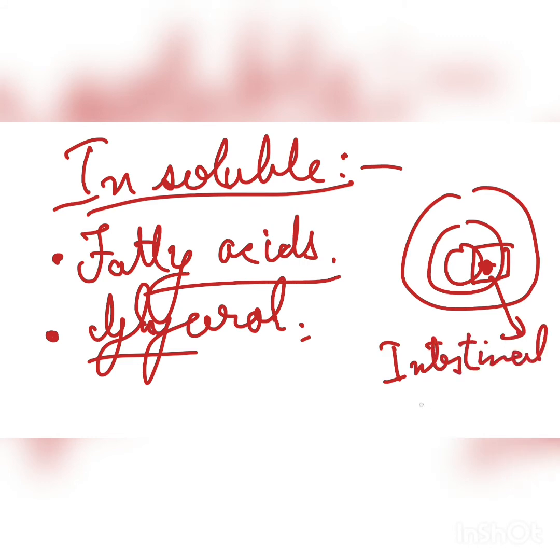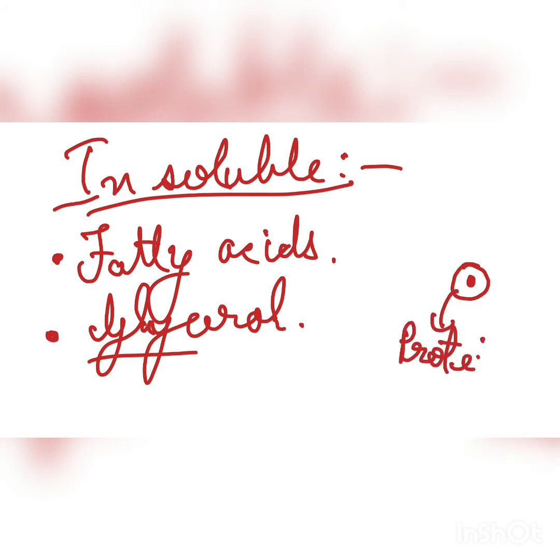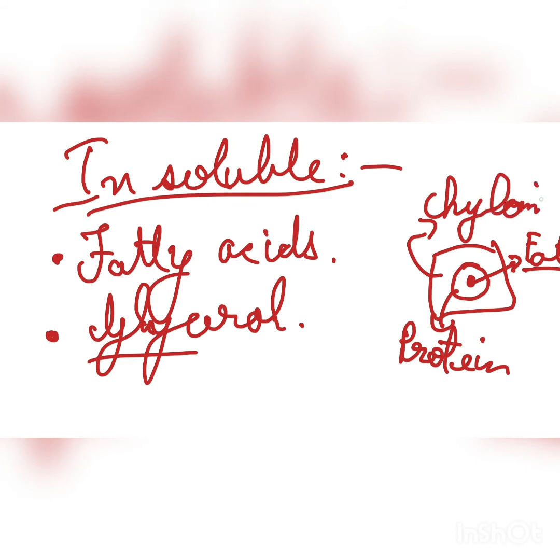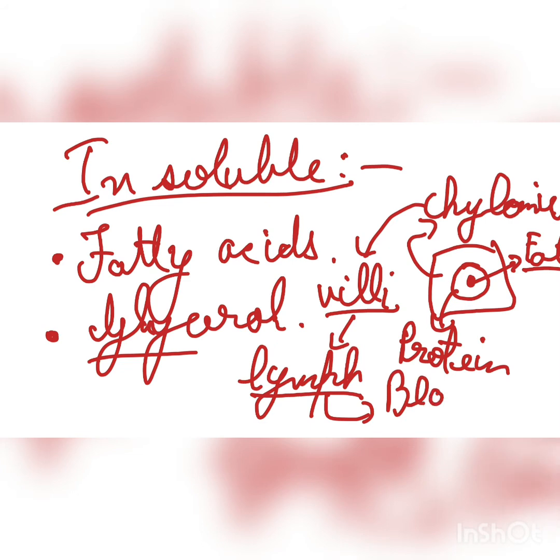In this intestinal mucosa, they are reformed into very small protein coated fat globules. These are called chylomicrons, which have a protein coat outside and fat globules inside. Chylomicrons are then transported into the lymph vessels in the villi. These lymph vessels ultimately release the absorbed substances into the bloodstream.